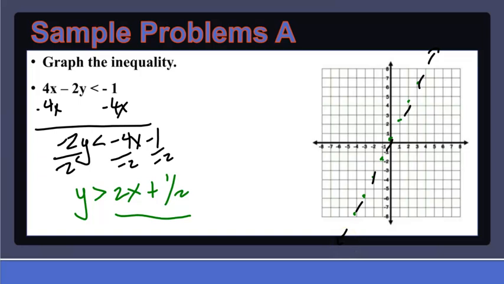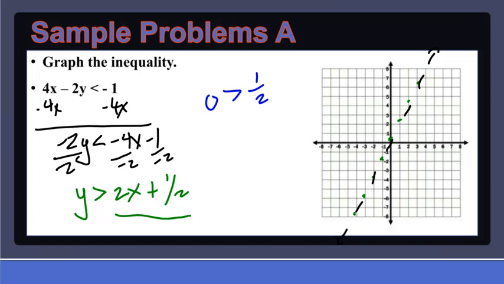Now for the shading part. If I choose 0, 0, and put 0 in for y and 0 in for x, I'm now going to have 0 is greater than 1/2. 0 is not greater than 1/2.